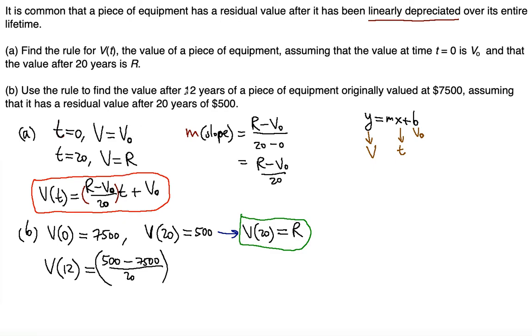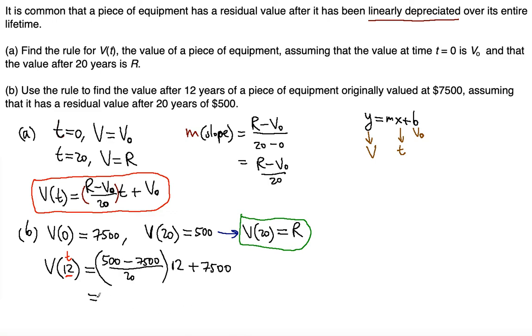T is 12 in this case, it says after 12 years. That's what we subbed for the t value. Plus the initial, which is v subscript 0, the same thing as v of 0.